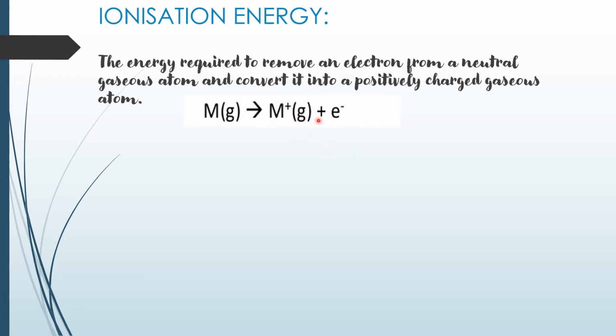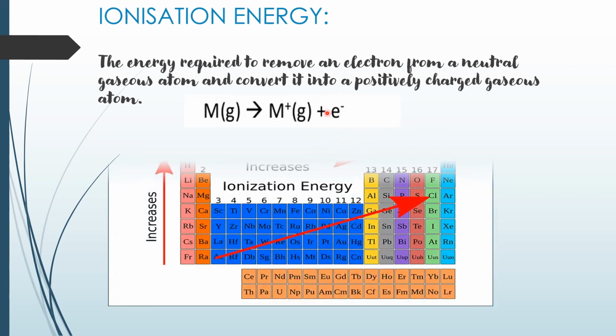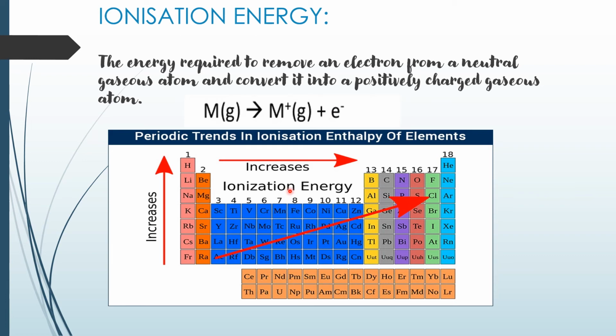The energy required is the ionization energy. This is the trend in the periodic table. Across a period, it increases, but down the group, it decreases.